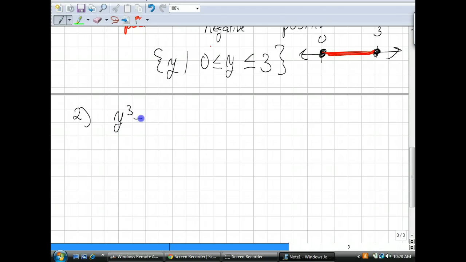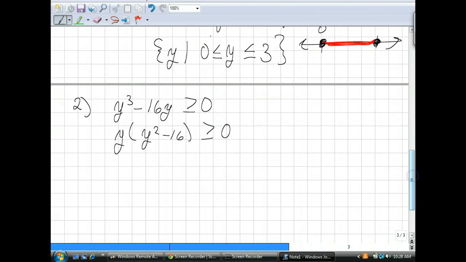Y cubed minus 16y is greater than or equal to 0. So step number 1, make sure you have 0 on one side, everything else on the other side. We have that. Step number 2, factor. First step in factoring is look for common factor. There's a common factor of y.